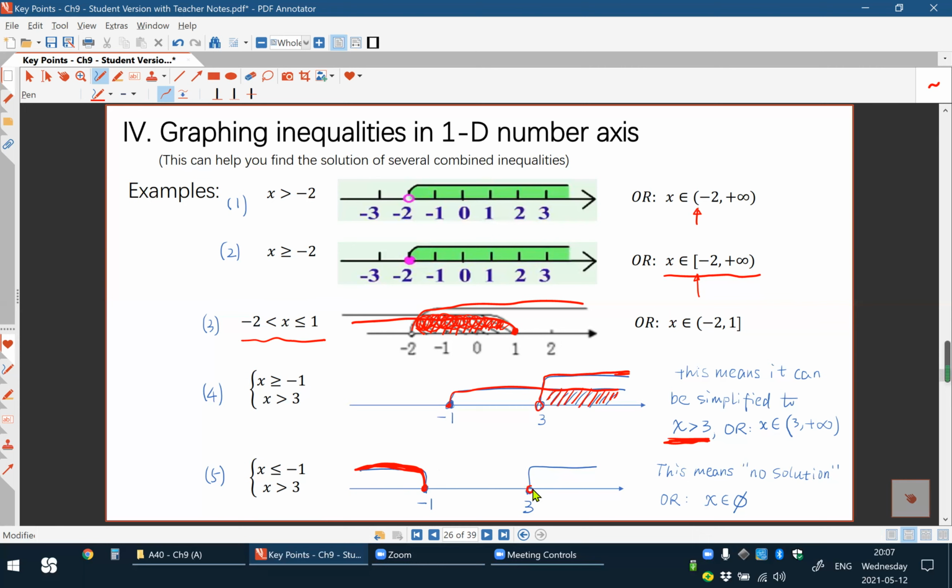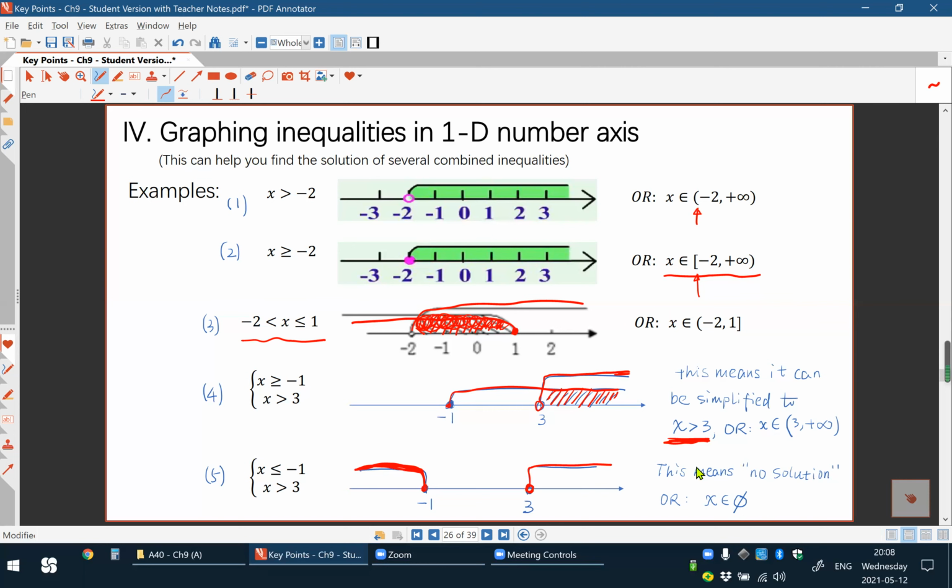So first of all, draw a circle on the 3. And then any value that is greater than 3 is here, right? So what is the overlapping part? There is no overlapped part, right? So this means there's no solution. Or you can also use the other notation, x belongs to an empty set.